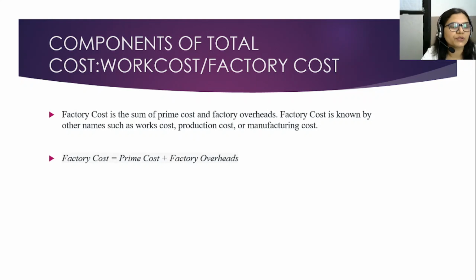It includes cost of coal, lubricating oil, nuts and bolts, stationery used in the factory, small tools, salary paid to the supervisors and works managers, wages paid to the watchmen, cleaner, factory rent, depreciation on the plant, factory lighting and power, repairs, etc. These are all factory cost or work cost. When we add these overheads in prime cost, we arrive at factory cost.